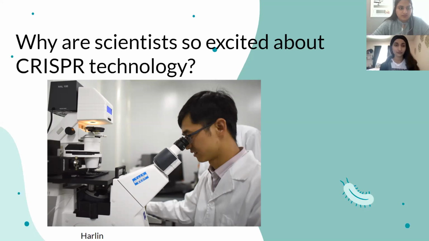Because the CRISPR system came from bacteria, it is cheap and easy to produce the necessary proteins. Additionally, the CRISPR system can easily be targeted to any DNA sequence. Lastly, it seems to be fairly specific, meaning that it should only target the specific DNA sequence that scientists program it to target.